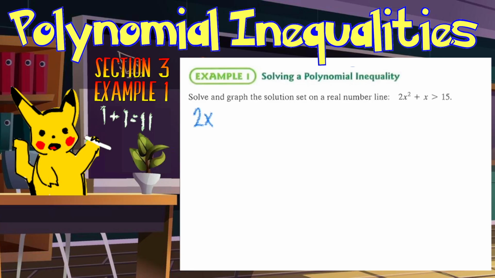We have 2x² plus x is greater than 15. Now, more specifically, this polynomial is actually a quadratic. And in a previous unit, we went over how to graph polynomials. If you can just recall that information, if you didn't just cram and learn it for a day, if you actually put it into your long-term memory, you should be able to recall some of the key information.